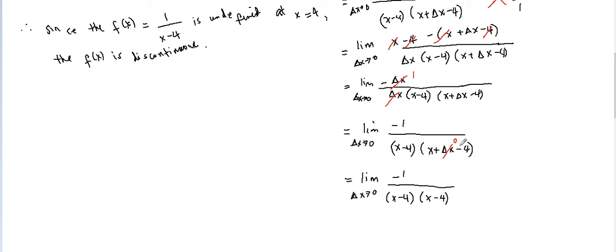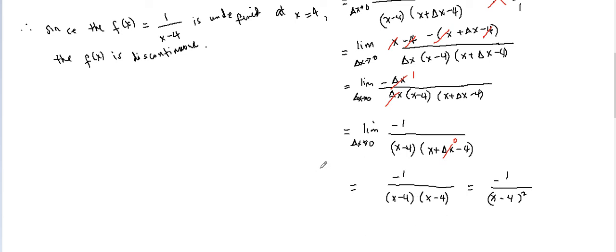Since nakapag-substitute na tayo dito ng delta x natin na 0, hindi natin kailangan sulat pa itong limit. It's automatic na evaluate na natin. So, this is our result. We have negative 1 over quantity x minus 4 times quantity x minus 4. Or we could say we have negative 1 over x minus 4 squared.